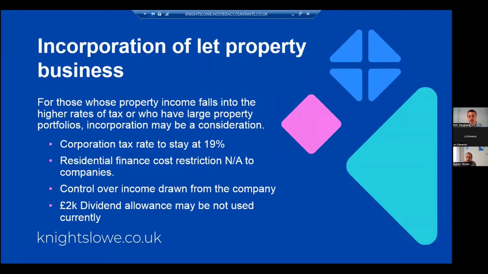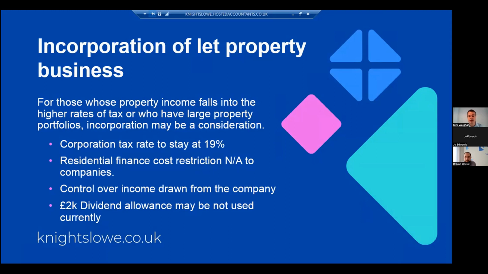Another benefit of using the company is that you're able to control your income level, and you can control that by paying yourself a salary or dividends from the company to make sure that your income level is tax efficient. So that might be getting your income level up to the basic rate band, or utilizing the basic rate bands of tax, so you pay no higher tax.